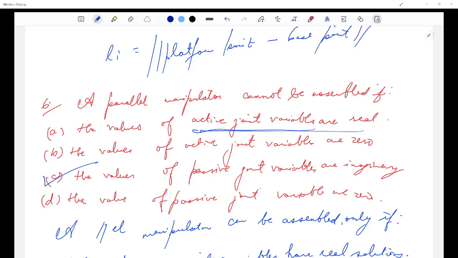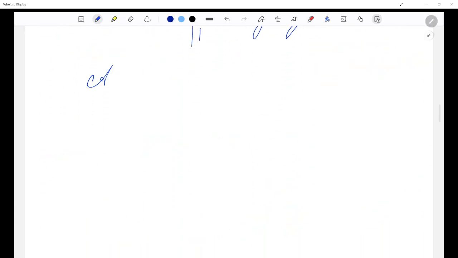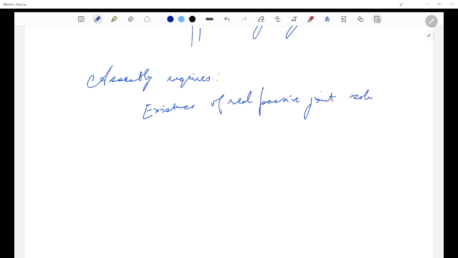So assembly requires existence of real passive joint solutions.